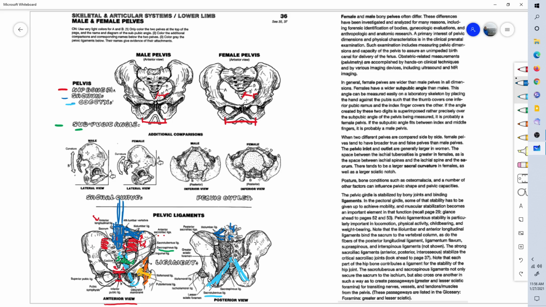And on the back view again, we have the posterior sacroiliac ligaments here from the sacrum to the ilium. On the front in red, we had the anterior sacroiliac ligaments. And in the back, we have the posterior sacroiliac ligaments.